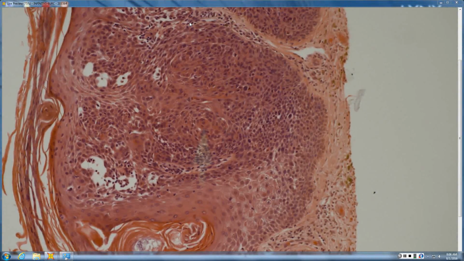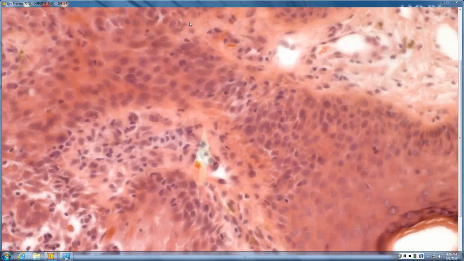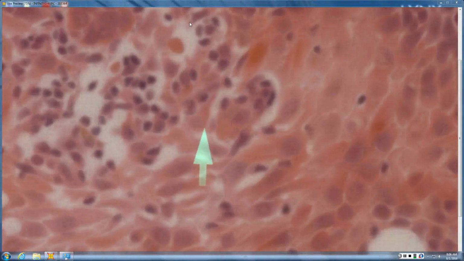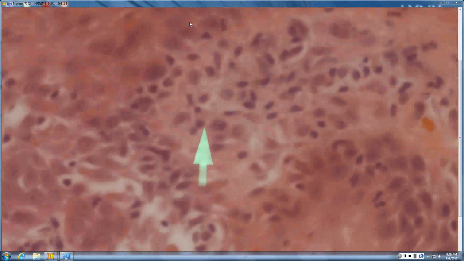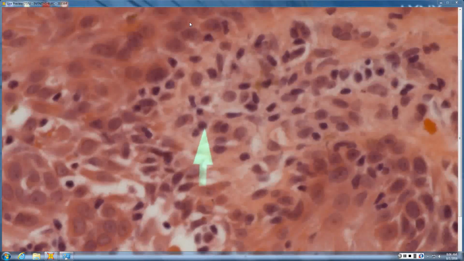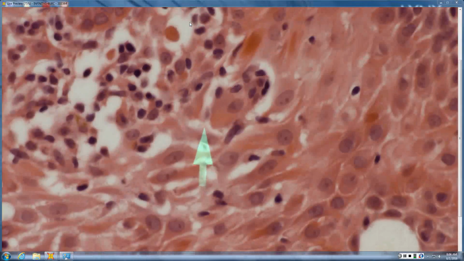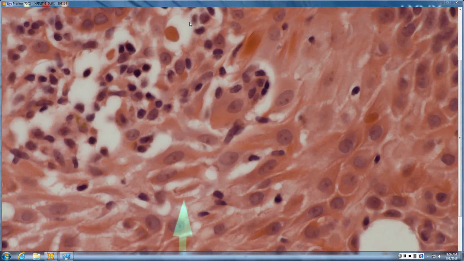So the architecture with the acantholysis, I usually don't think of that as being a seb characteristic. So we're going to go a little higher, and the question is, is it acantholysis where the cells become round, or are the cells stretched out with spongiosis between them, but visible cell-cell junctions still intact?